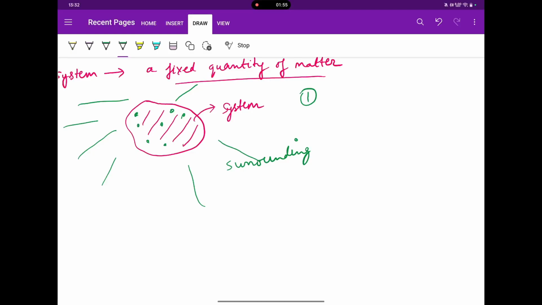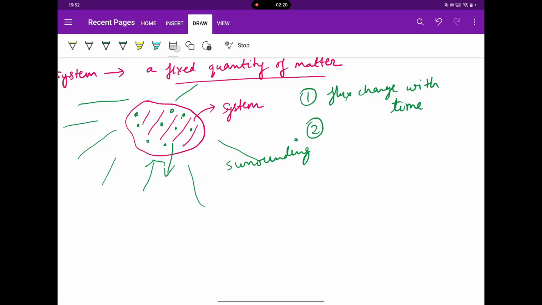What I'm trying to say is changes inside this boundary, let's say flux change with time. The second important thing is nothing is crossing this boundary. Nothing is going inside this system and nothing is going outside this system.